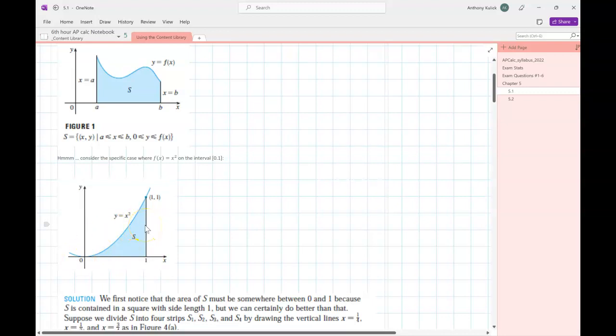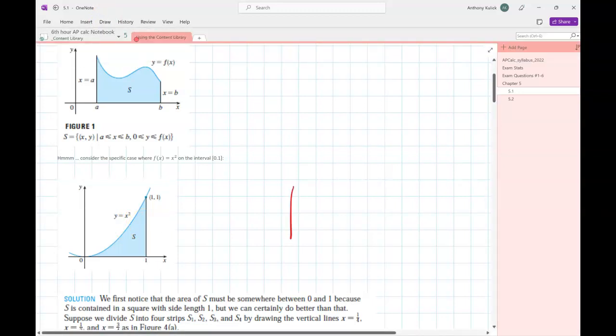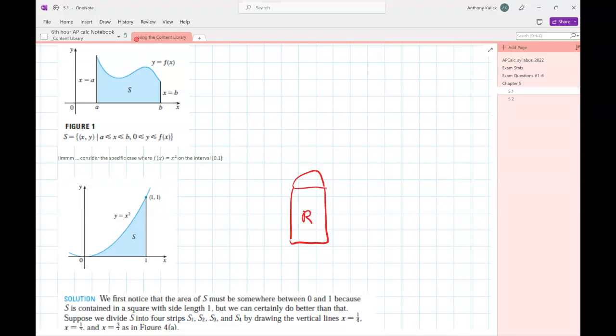If you remember back to your geometry class, if you wanted to calculate the area of a figure like this, like the basketball key, what did we do? We divided it into 2 pieces, and we did the area of the rectangle plus half the area of the circle.